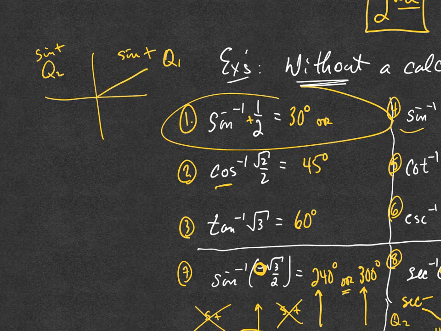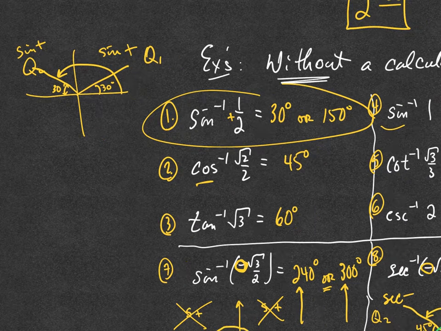So we're going to again have 2 possible answers, the 30-degree reference angle in 1 or the 30-degree reference angle in 2. Now, like we've said earlier, when we're in quadrant number 1, the reference angle and the standard position angle are the same. But if we're in quadrant number 2, the standard position angle would then be 150.